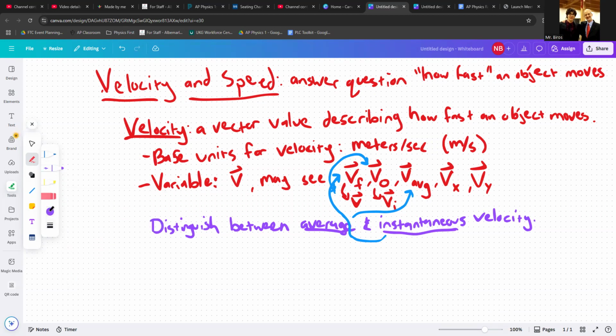So average velocity. It's kind of in the name, I suppose, but it is simply the average of how fast an object traveled during a time period.